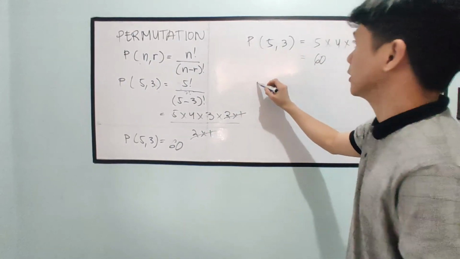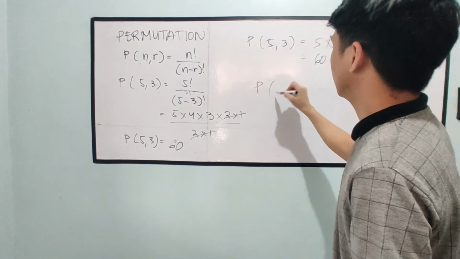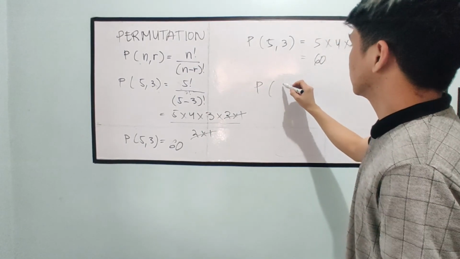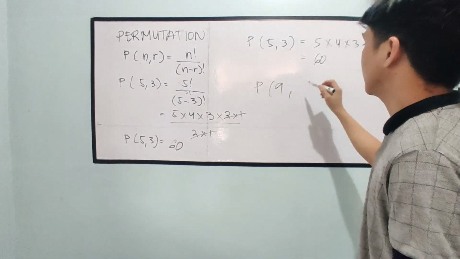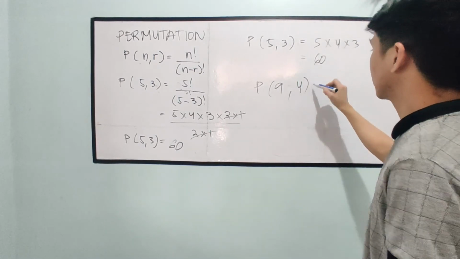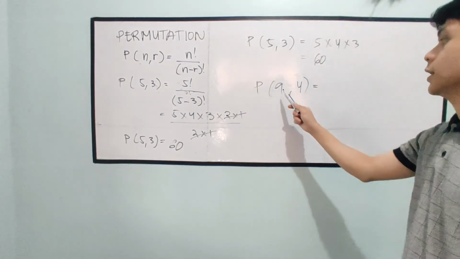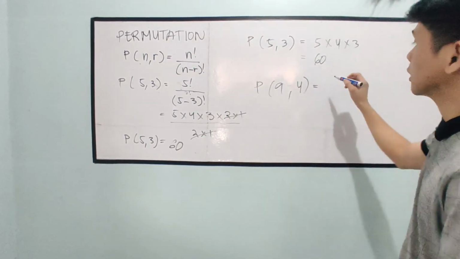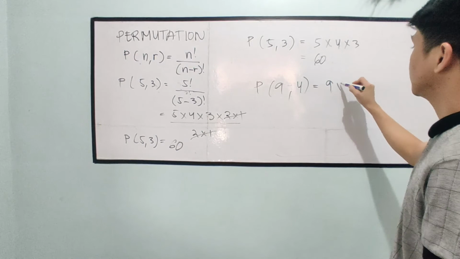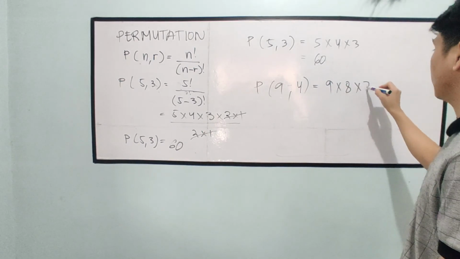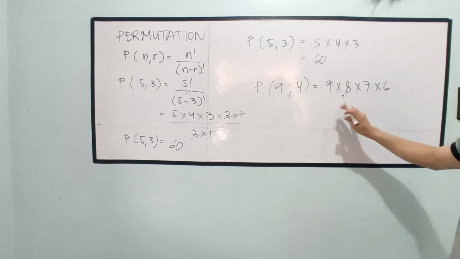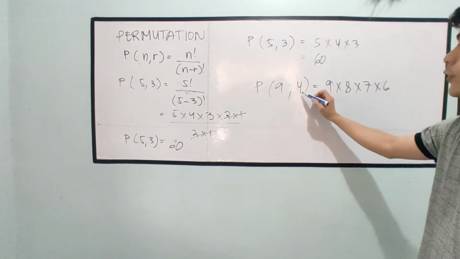Kaya, another example, para mas maintindihan yung method na to. So, halimbawa, malaking number na 9 and 4. Okay, so kung gagamitin nyo yung formula, mahaba siya kasi 9. So, now, shortcut mo lang, ganito lang siya. 9 times 8 times 7 times 6. So, stop ka na. Kasi 4 yung r natin.